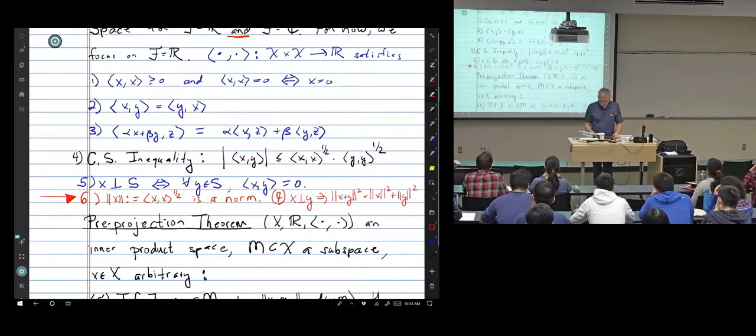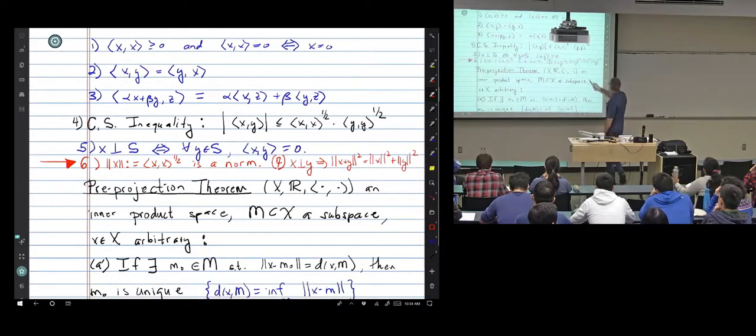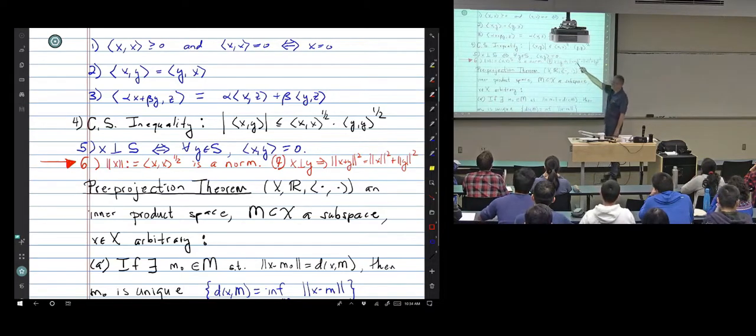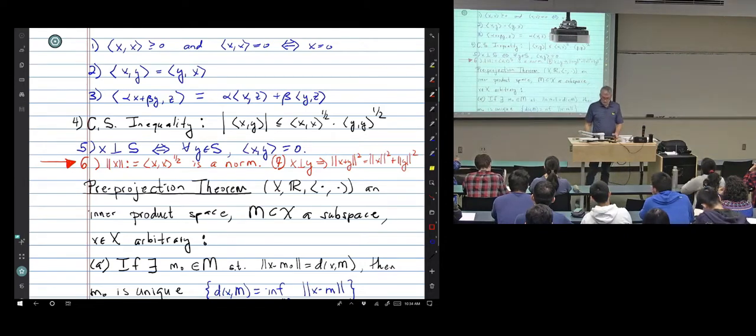And then the other small result we had, just by expanding out both sides, is that if X is orthogonal to Y, the Pythagorean theorem holds. The norm of X plus Y squared is just the sum of the norms squared. So that's something we'll use again today.